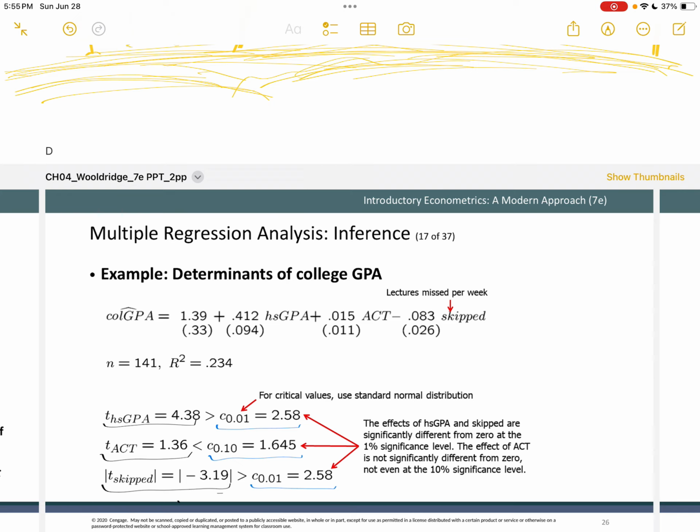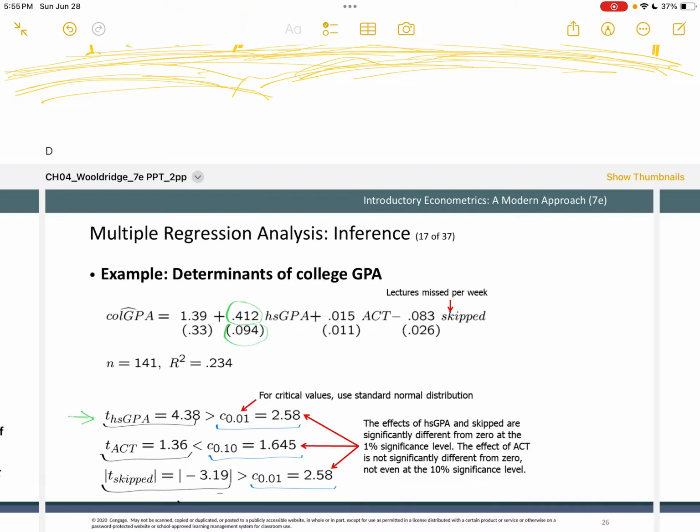From that and the degree of freedom, we found our critical value to be 2.58. So I'm working on the first bit here. That is the T statistic for high school GPA. That is 4.38.